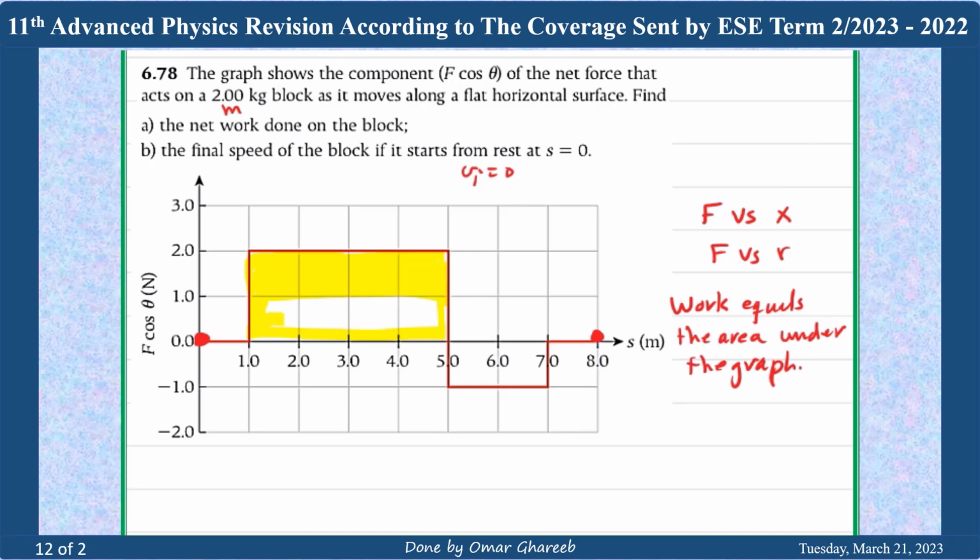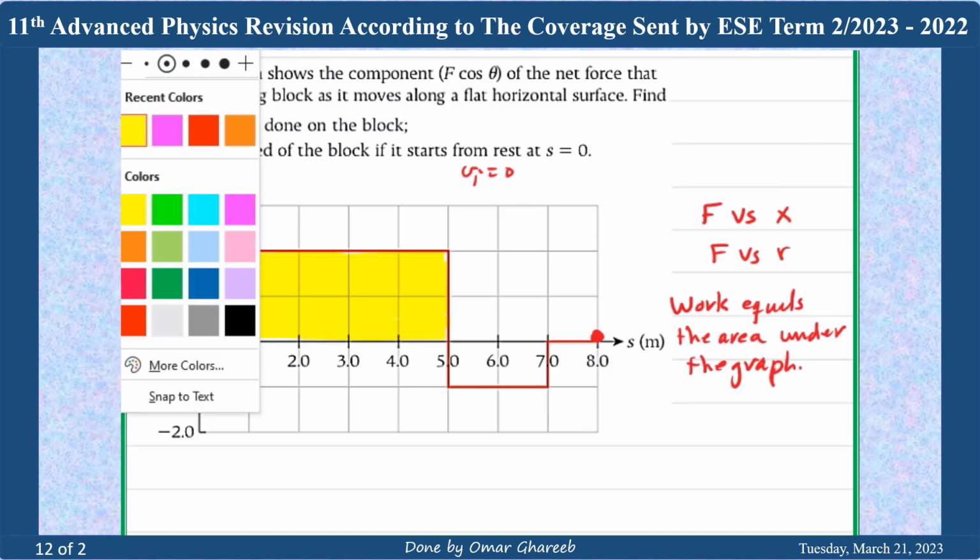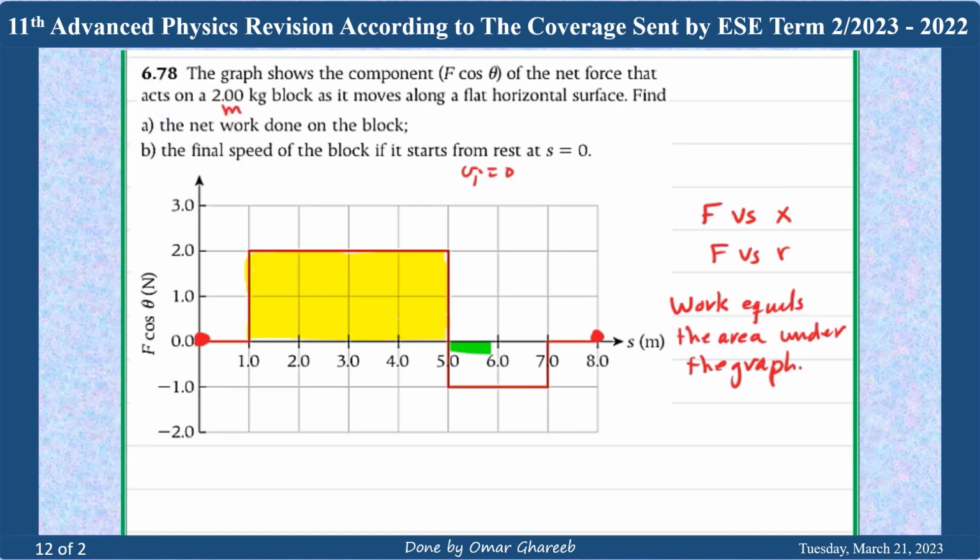And then we have another rectangle from 5 to 7. This one.